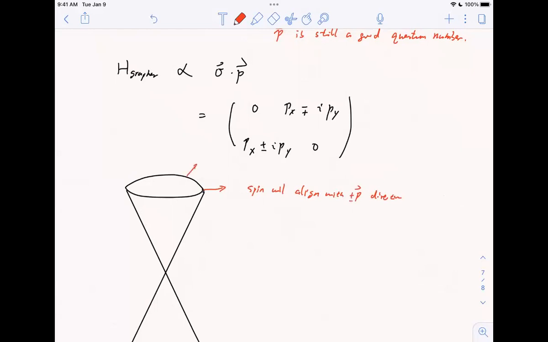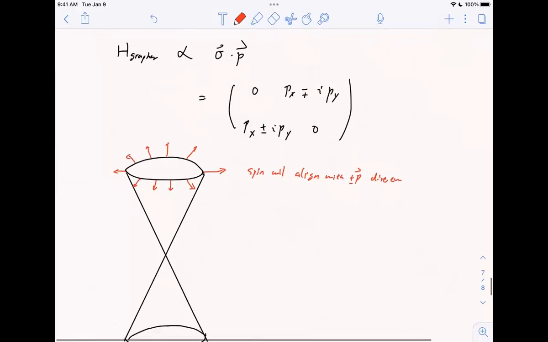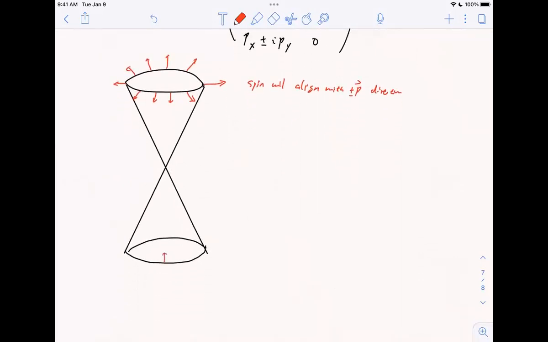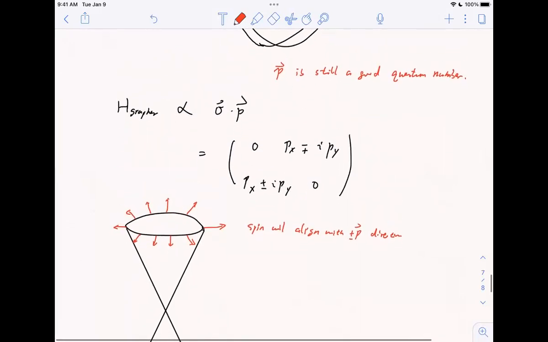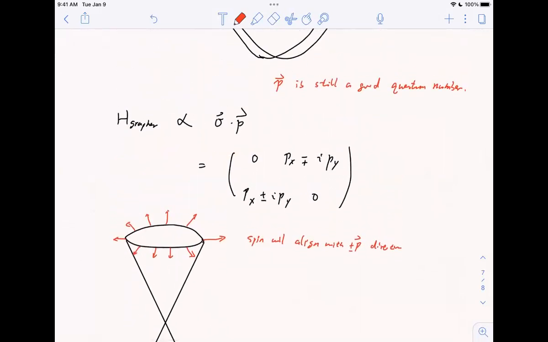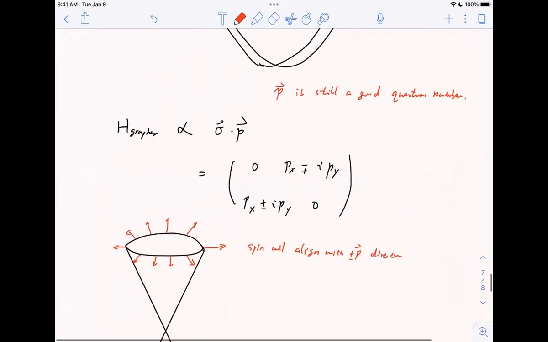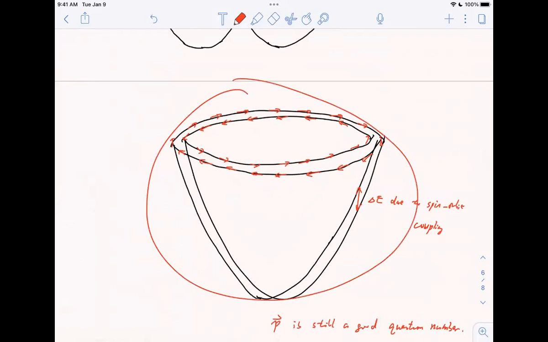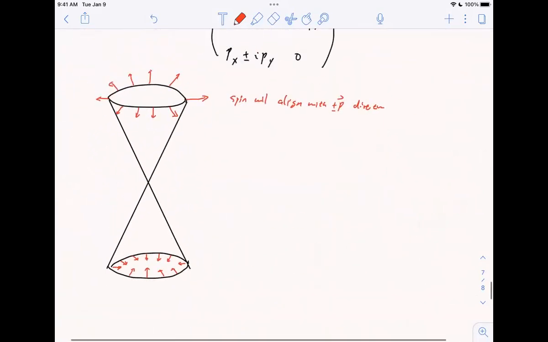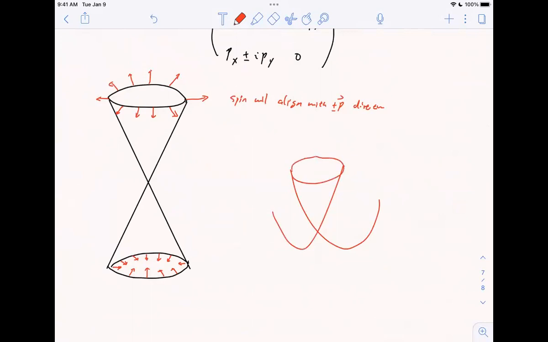So if you draw the spin, it will be something like this, and then here will be inward. But for graphene, it's not due to spin-orbit coupling. For graphene, this is directly just the kinetic energy. So you don't have this for graphene. You won't see something like this. Sorry, I didn't draw it well.